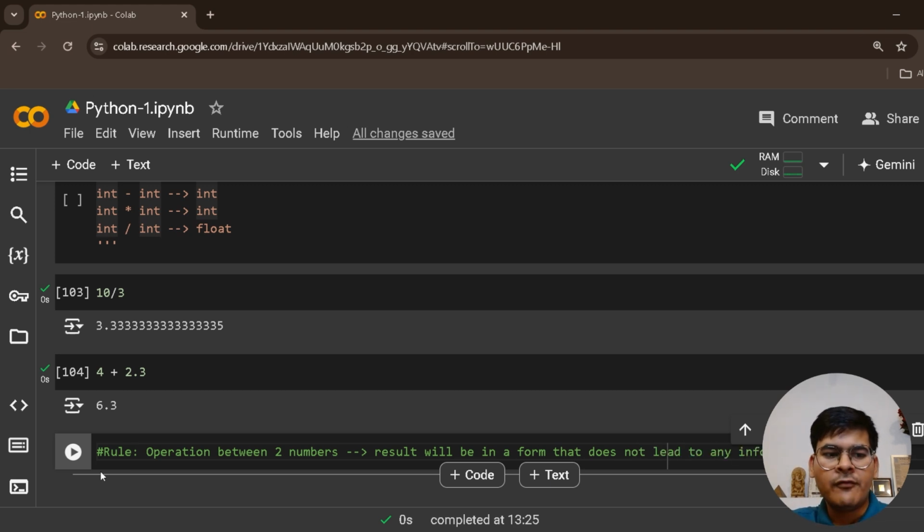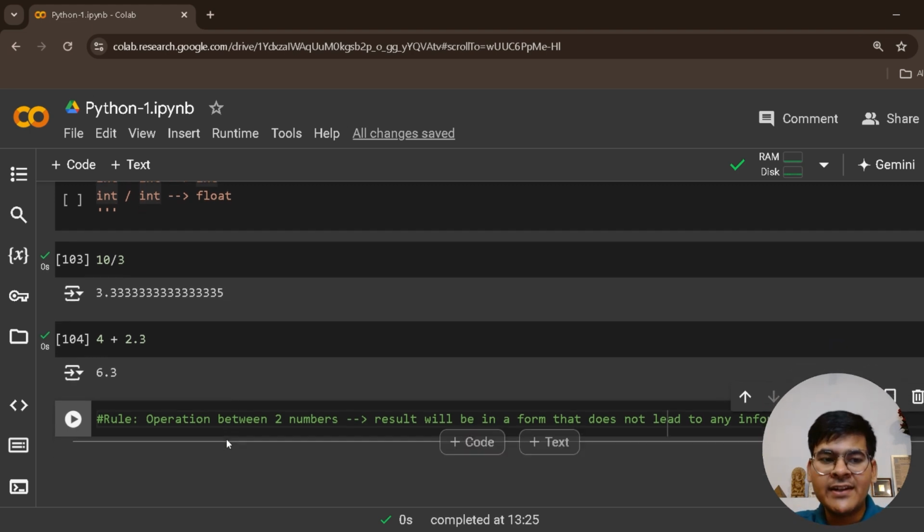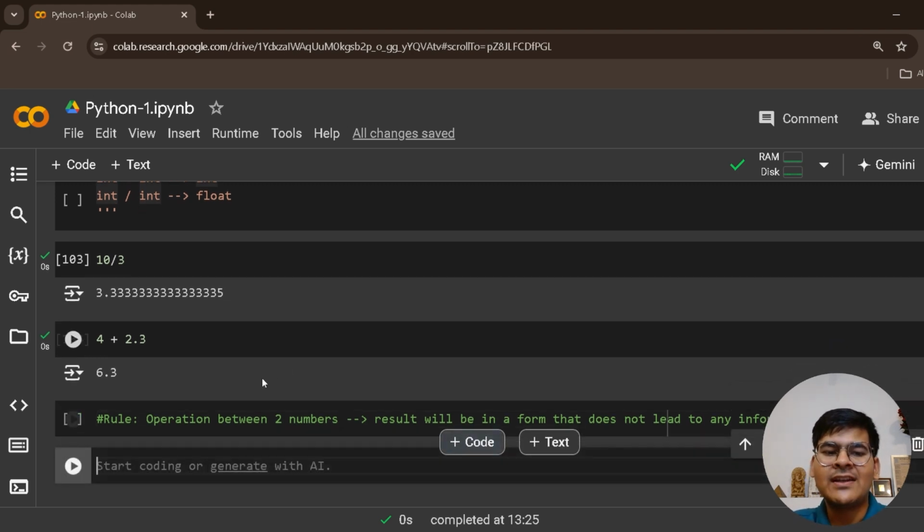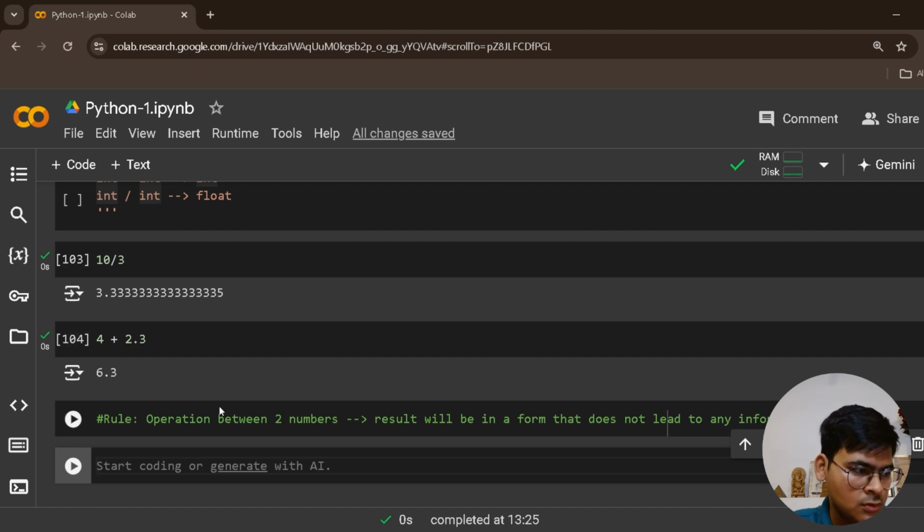That means when you're adding an integer to a float, it will make sure that there is no information loss, and hence it will give you a floating point as output.